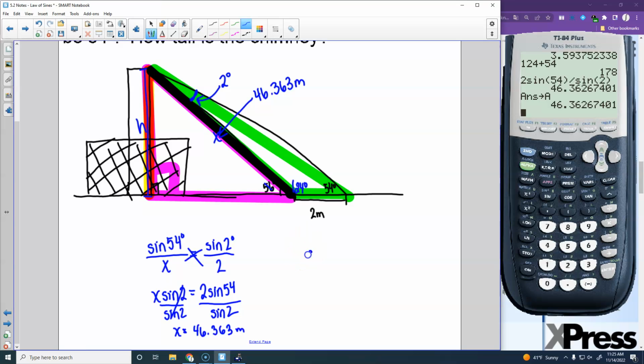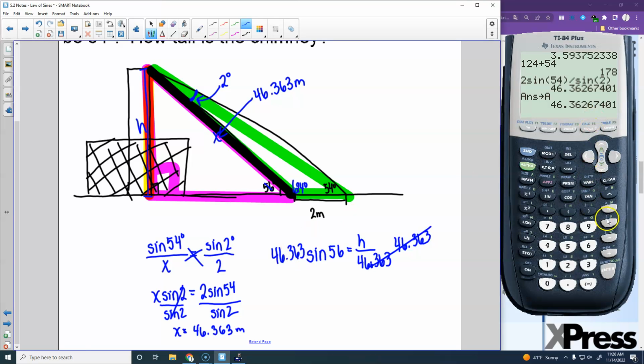Sine. I would say sine of 56 is going to equal opposite, which is h, over hypotenuse, which is the 46.363 that I just got there. So I will multiply both sides by that 46.363.